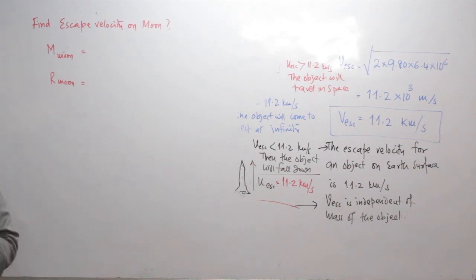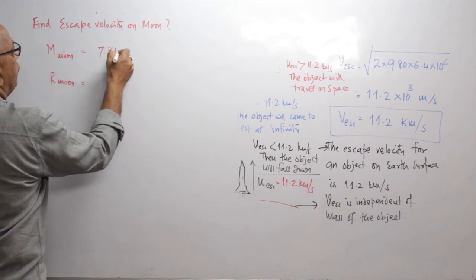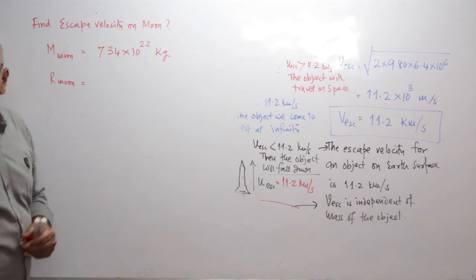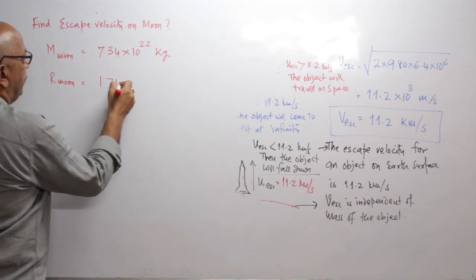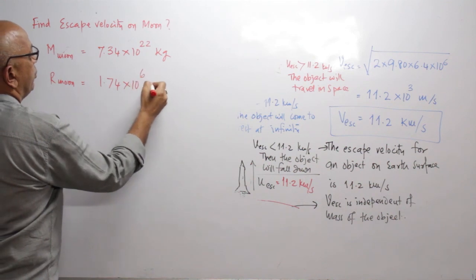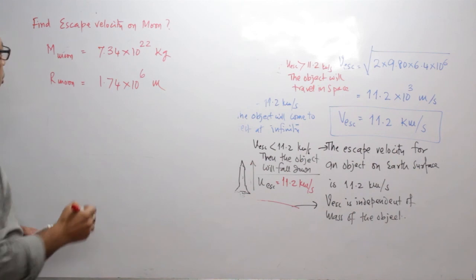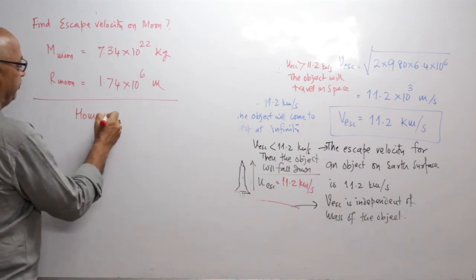into 10 raised to 22 kg. That is the mass of the moon that is given, and the radius is 1.74 into 10 raised to 6 meters. So this is homework for you.